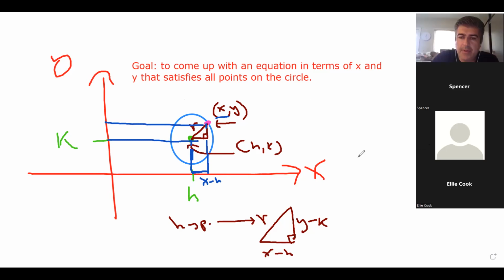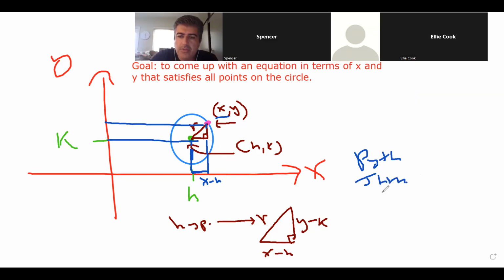If I do the Pythagorean theorem, a squared plus b squared equals c squared. That's a, that's b, and that's c.